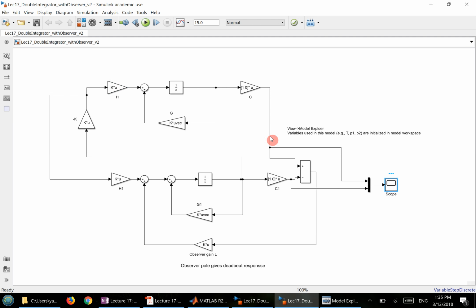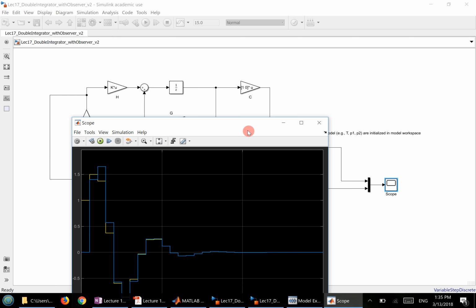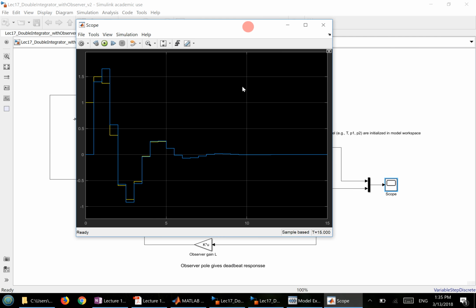The scope takes the system output and also the observer's output. Essentially, it's a comparison between x1 of k and x1 hat, so the position estimation. Position is variable in this case, so it's ideal to take a look at the velocity comparison.